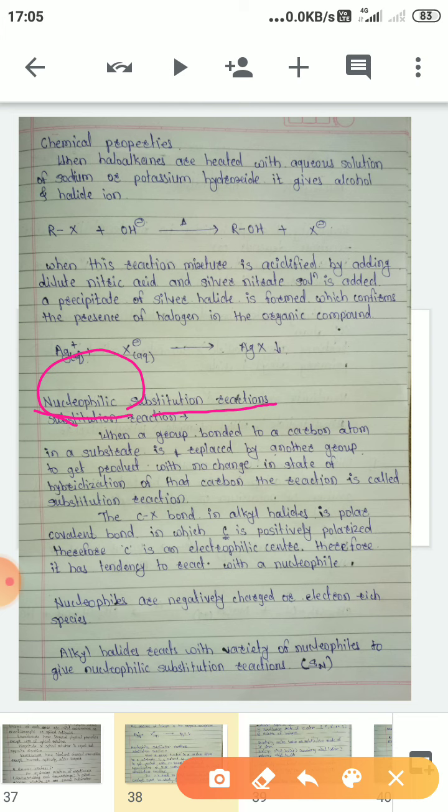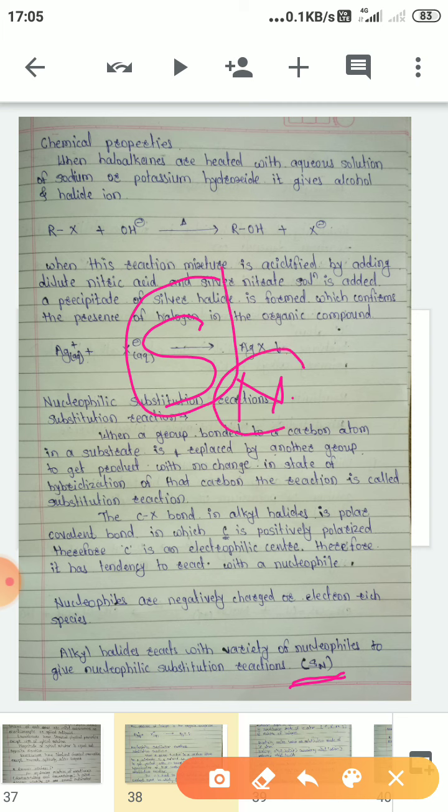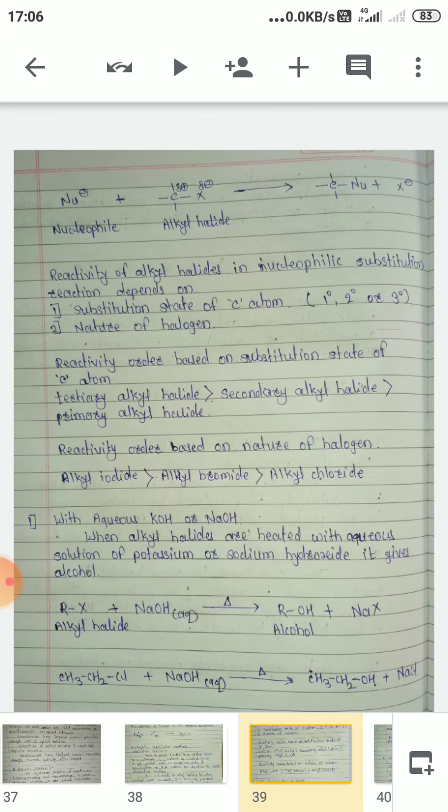Due to the polar bond developed between the carbon and halogen atom, alkyl halides show nucleophilic substitution reactions, or have a tendency to react with nucleophiles. Substitution reactions are denoted by SN: S for substitution and N for nucleophilic, that is substitution nucleophilic reactions or nucleophilic substitution reactions.